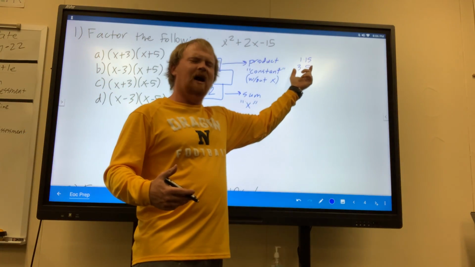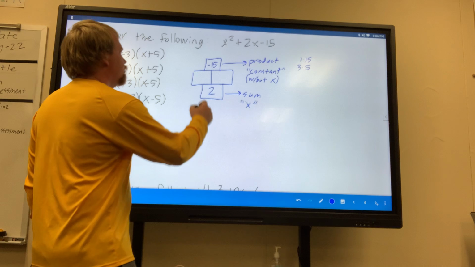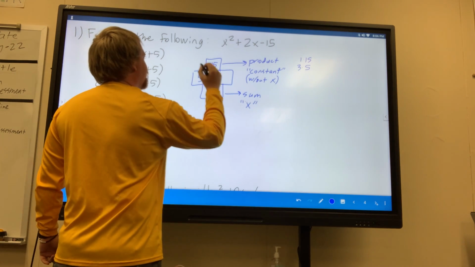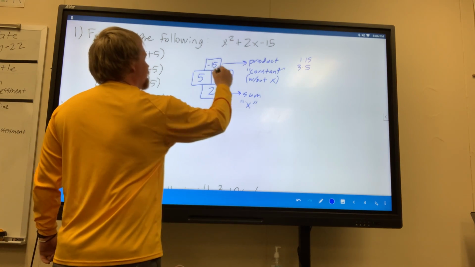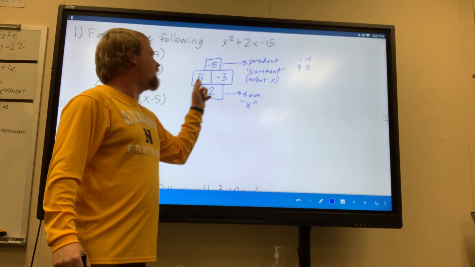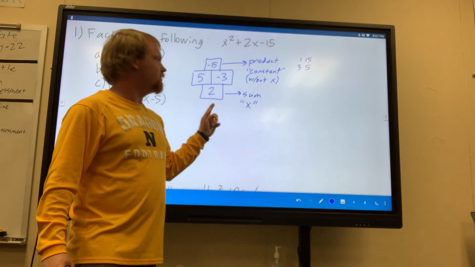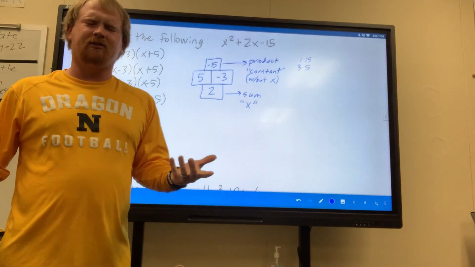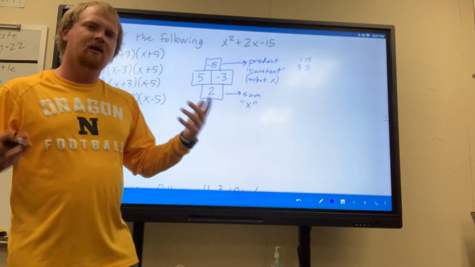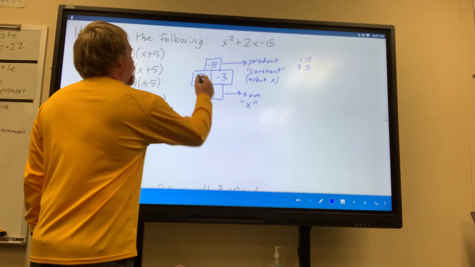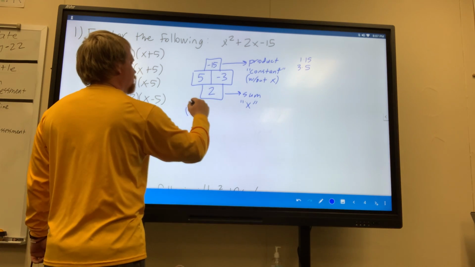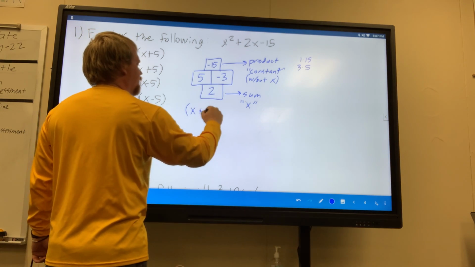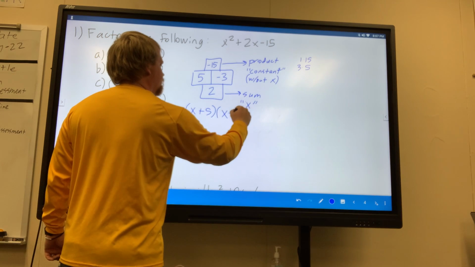But with 3 and 5, what I can do is I can have a positive 5 and a negative 3, because 5 minus 3 gives me a positive 2. But think about this. What's the product of 5 and negative 3? Negative 15.